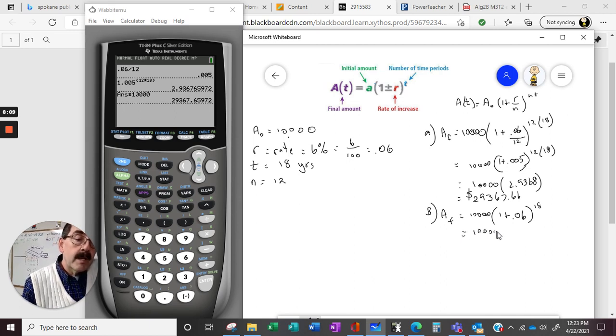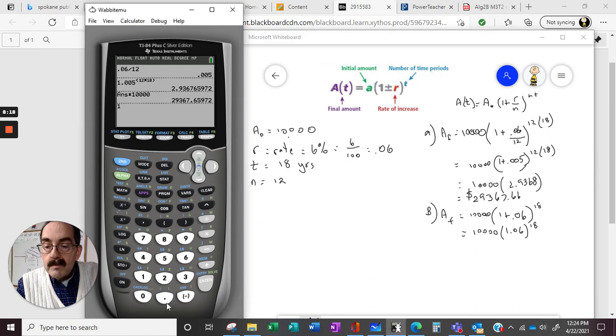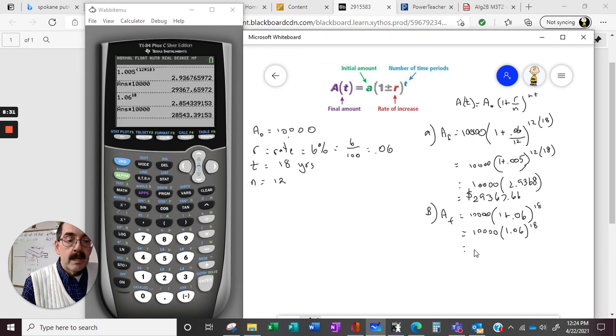So we get 10,000 times 1.06 to the 18th power, 1.06 caret key to the 18th power, times 10,000, and we're going to get $28,543.39. This one's smaller, which makes sense because you're not compounding every month. You just compound it once a year. Now C.